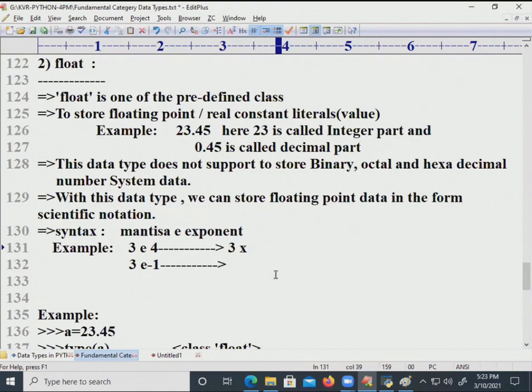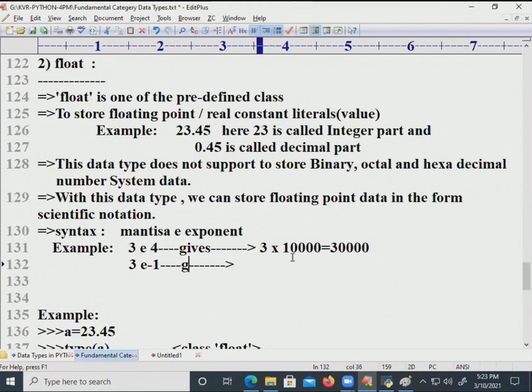Do that mathematical calculation. You need to take 10 to the power of 4. How much is 10 to the power of 4? 10,000. That will give you 30,000.